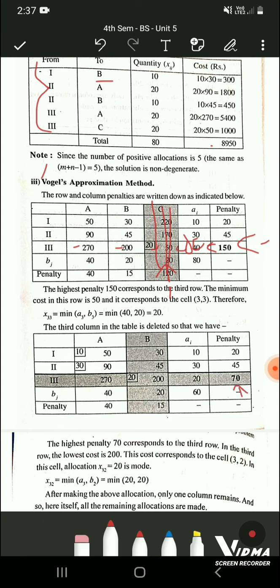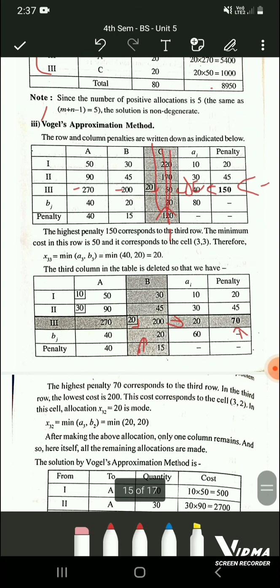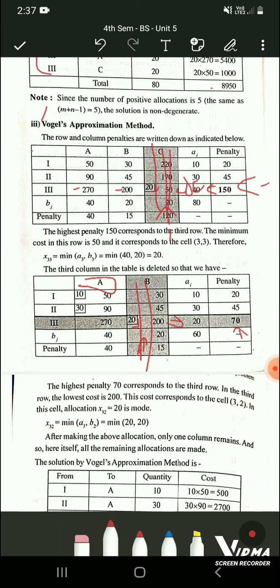Make the allocation for the lowest value, which is 200. So here corresponding BJ and AI value is 20. Therefore you are writing 20 in this box, and this complete cell is vanished. So you are remaining with only A destination.